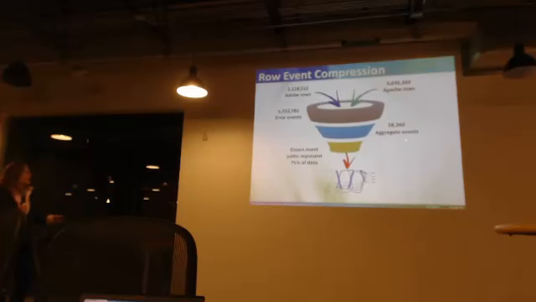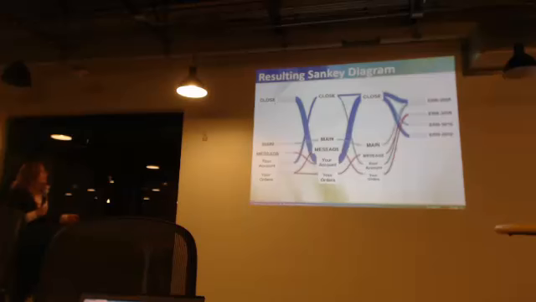I aggregate them together into those events that I showed on the previous slide, and that will then produce my Sankey diagram of about a dozen events, and that will be able to display right there.